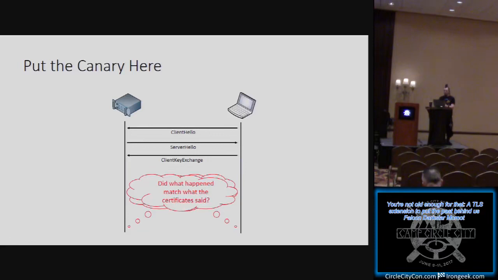And so what happens is, after all of the negotiation is done, we now have an opportunity to say, is what actually happened consistent with the assertions that were made by the site operator and their certificate authority, and that was conveyed to me?